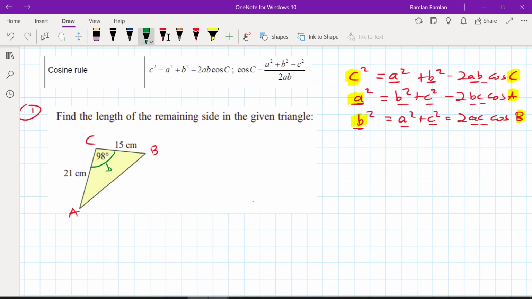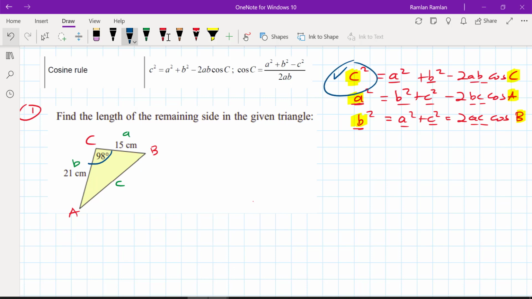So this one is C, this one is A, and this one is B. Remember, it's always opposite to the vertex of the angle. Now the one being asked is this guy over here, the C, so we're going to use this formula.